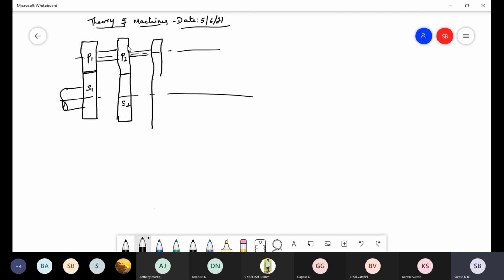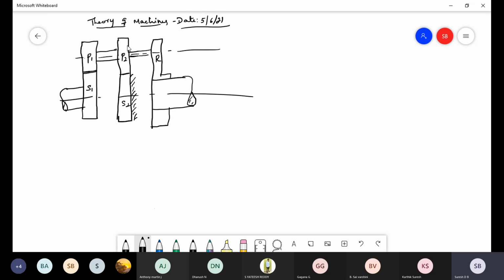Here one more shaft is there, that one is the output shaft, and this arm is connected to the output shaft. Here the gear S2 has this symbol, which indicates it is a fixed member. This one is R. This one is the given data.